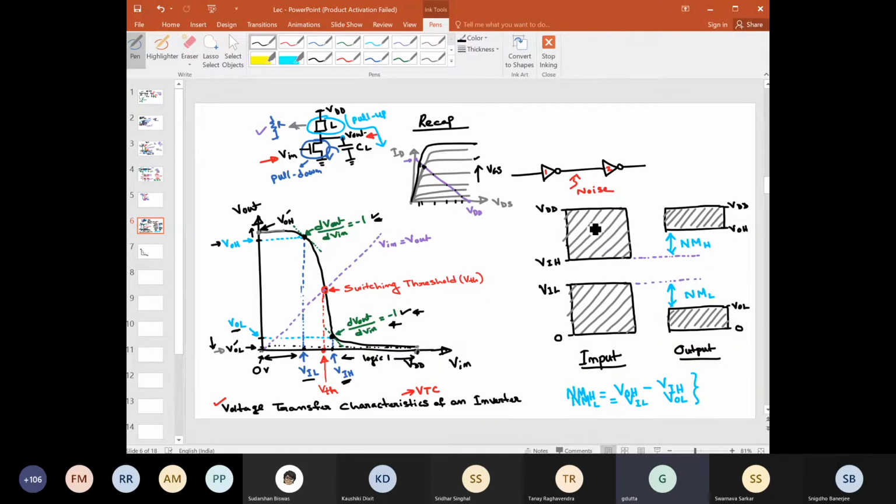plot in last class. So what we have said, suppose you have two inverters connected in this fashion, then the output of this inverter is the input of this inverter, right?